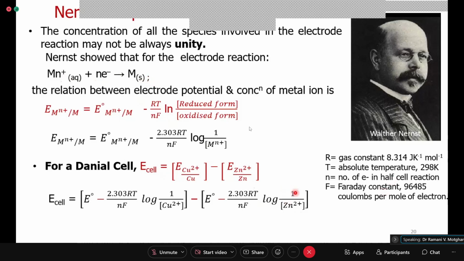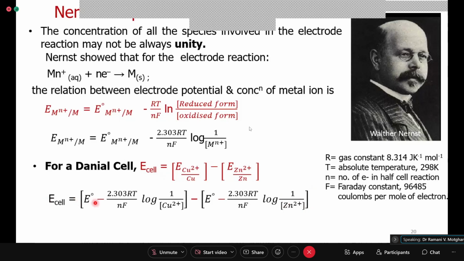So Zn solid will be 1 here, and the zinc ion concentration will come here. Now the moment you take it above, this becomes positive. So you can rearrange later, negative can be positive and positive can be negative, depending upon where you are writing these two.